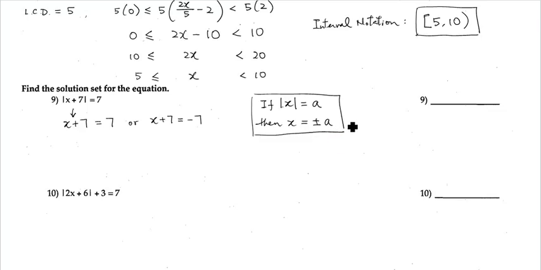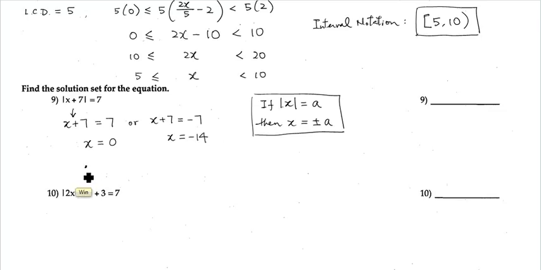We have 2 equations now, and then we solve these 2 equations separately. X plus 7 equals 7, then minus 7 on both sides, then x is equal to 0. And for the right hand side, we minus 7 on both sides, we get x is equal to negative 14.